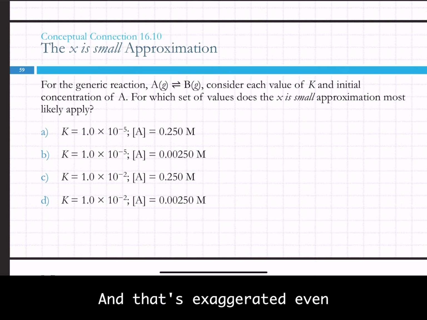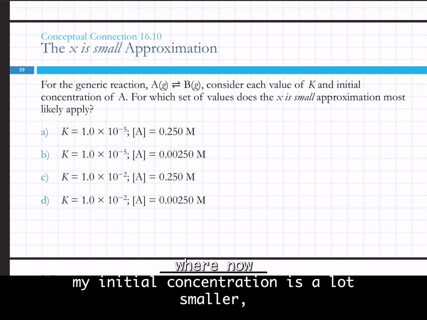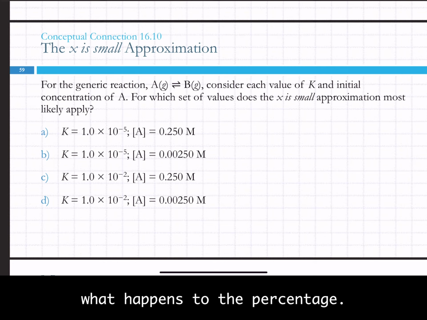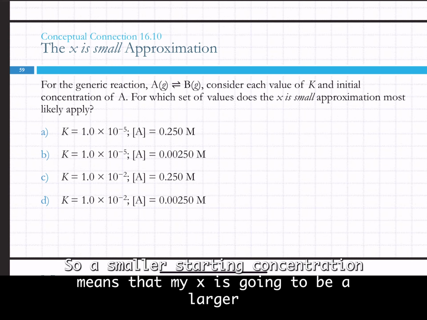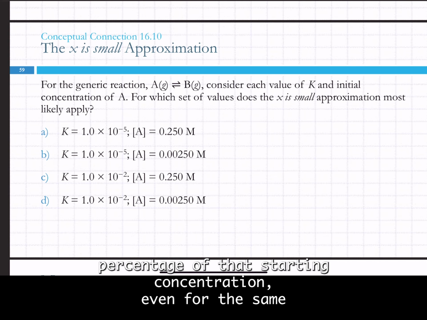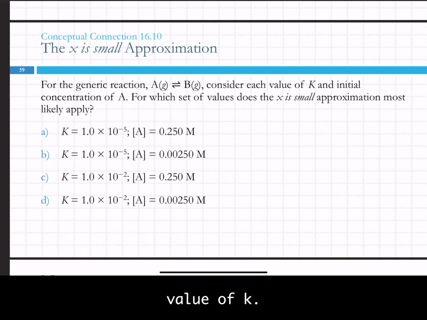That's exaggerated when we go to this other graph, where my initial concentration is a lot smaller: 0.316% versus 3.16%. A smaller starting concentration means x is a larger percentage of it, even for the same value of K.